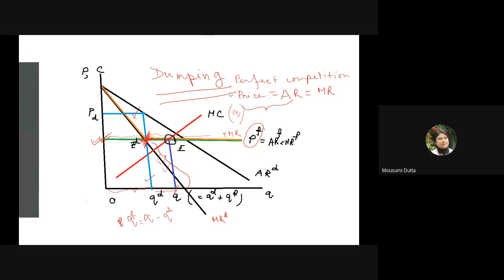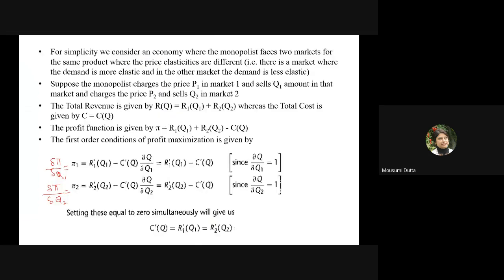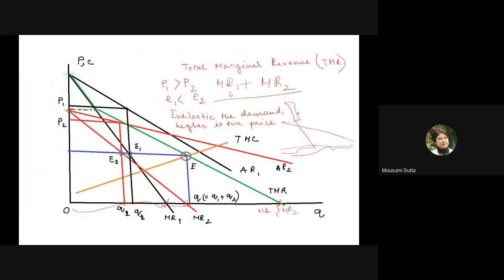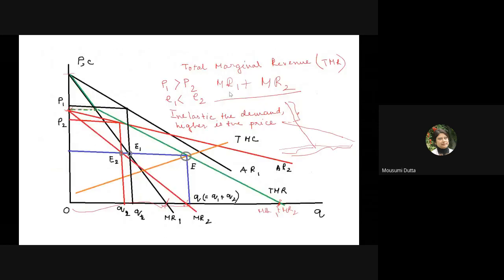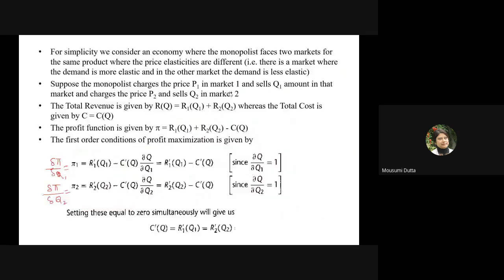This understanding is more than enough to understand the profit maximizing exercise and its implication. So, any question regarding these two graphs? If you do not have any question, we will proceed to the mathematical part.